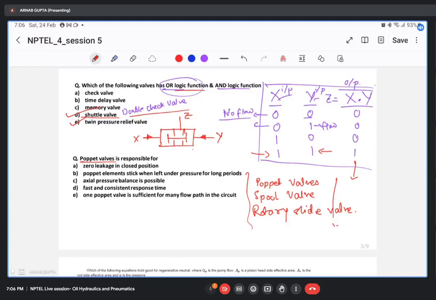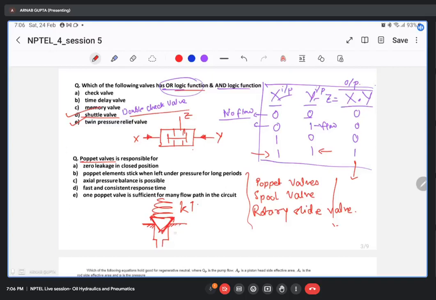In the case of poppet valves, what are the options that are given? Zero leakage in closed position. This is true because the poppet snugly fits over this seat, and if the spring has high stiffness, there is positive contact between this portion, called the land, and the poppet.